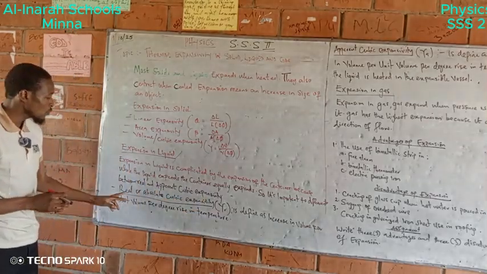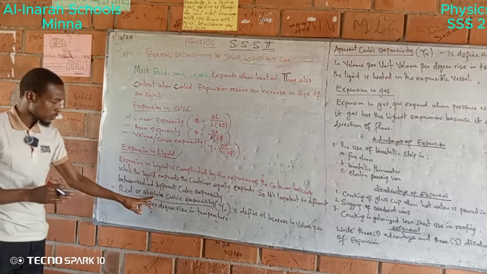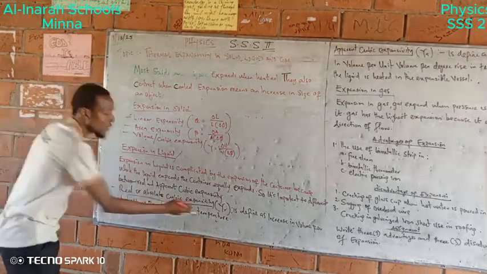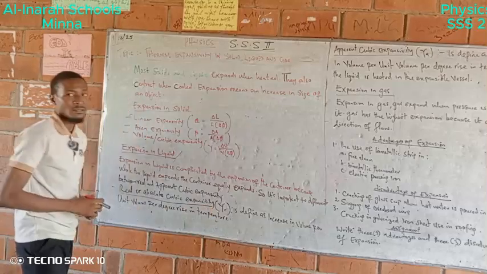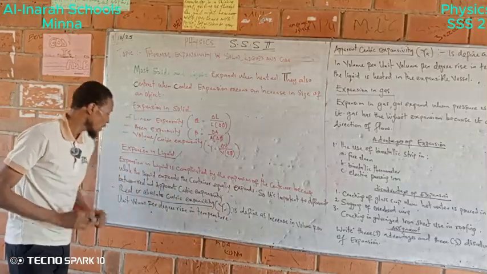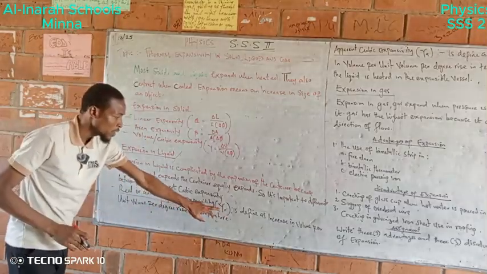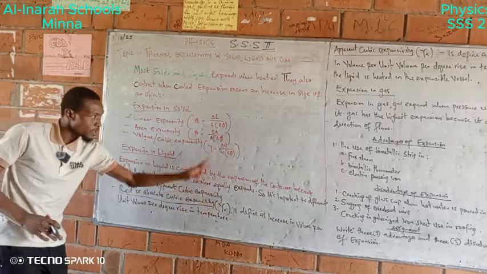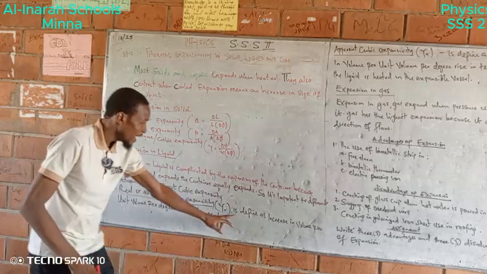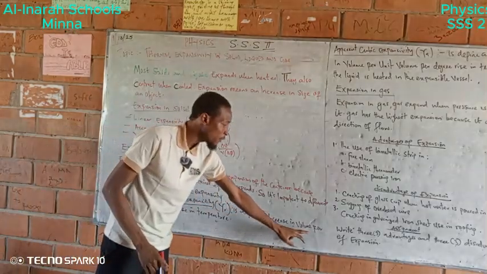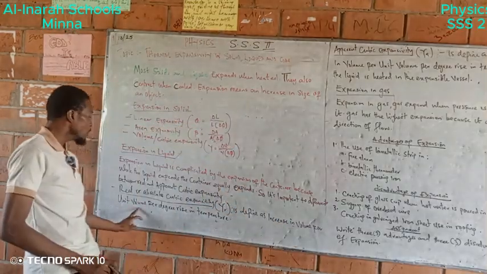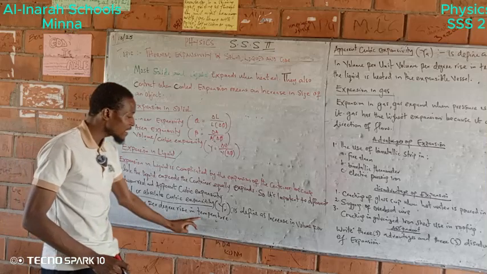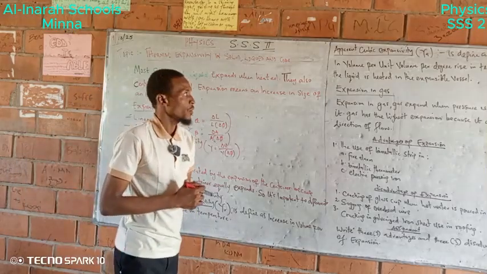We call it real or absolute cubic expansivity. It is represented by gamma R, where R stands for real, and gamma is the symbol representing cubic or volume expansivity. It is defined as the increase in volume per unit volume per degree rise in temperature.